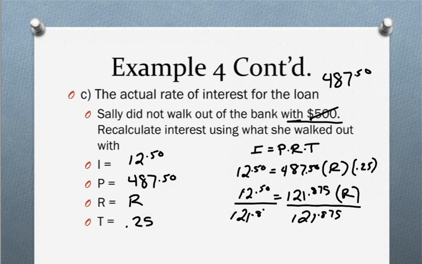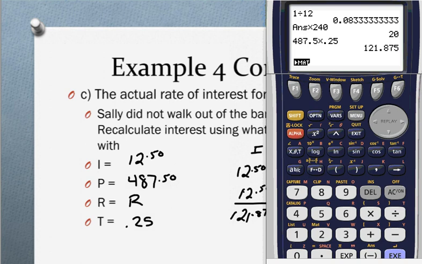And I'm going to show you kind of a trick. Most calculators have a little button down here that looks like this. It says answer. So we're going to use that here in a second. I need to take $12.50 divided by 121.875. And so I can do this. I could say $12.50 divided by, and I could just type it in. This is not that big of a number. I could type in 121.875.